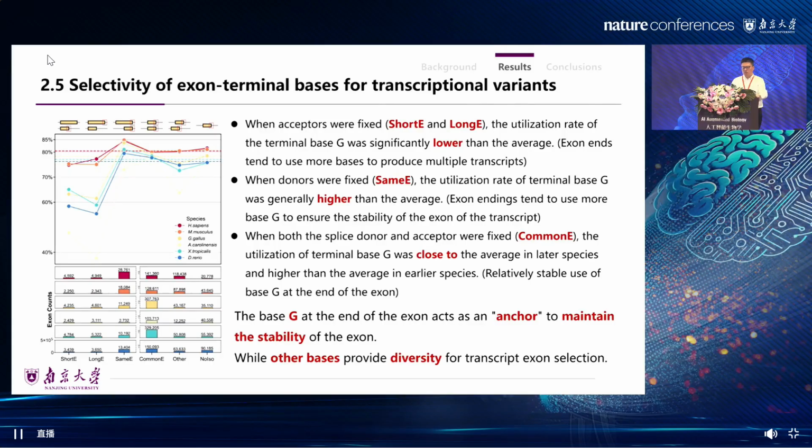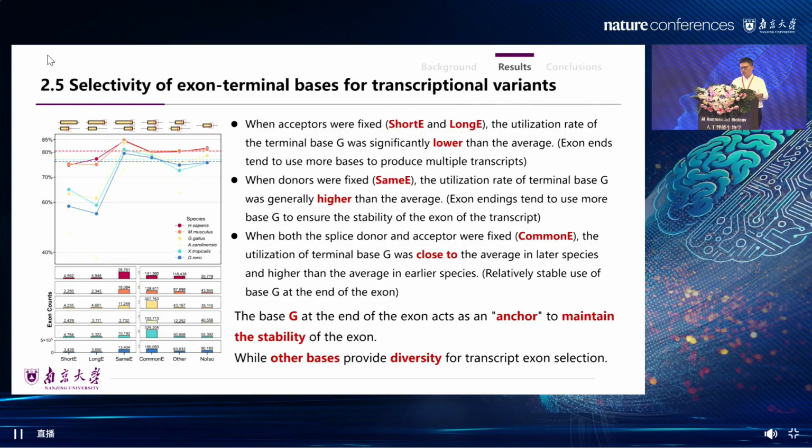species. The results were clear and elegant. When two transcripts share the same start site but have different ending sites, the exon terminal G tends to use a variety of bases like A, C, or T, but not G, to create this diversity.